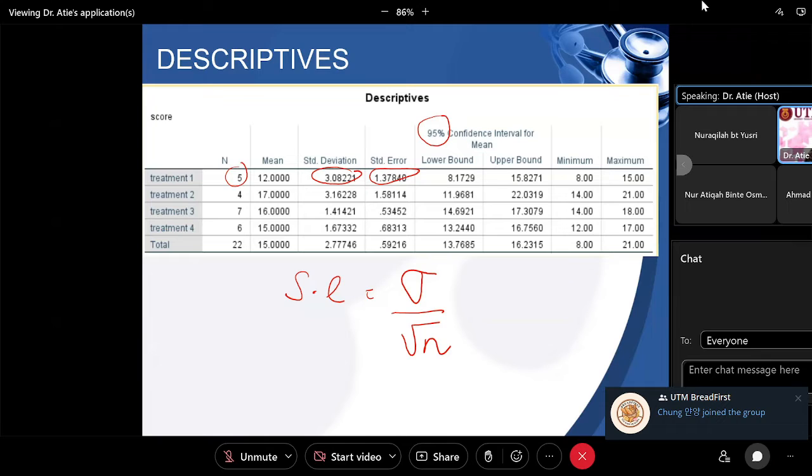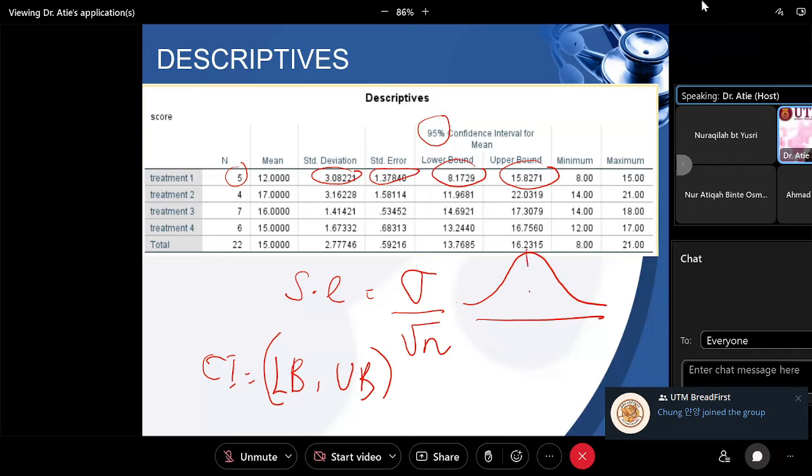And then for the confidence interval, I think everybody knows already that it should be presented by a lower bound and an upper bound, right? For example, we have a lower bound of 8.17 and an upper bound of 15.8. So what does it mean? It means that for treatment 1, the confidence interval has the mean of 12 at the center.